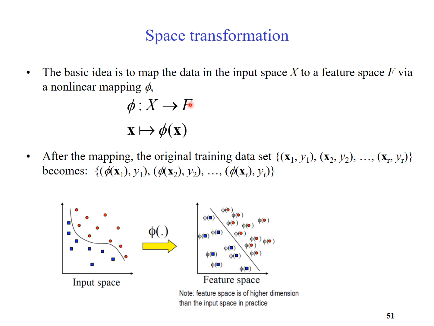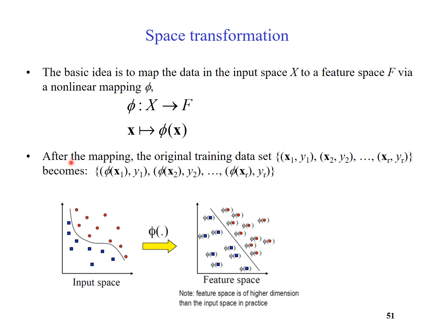Then we have a mapping from input space to feature space. The original data X is transformed to other data using this mapping pi. Expanding the dimension means we have a mapping from the input dimension to a higher dimension. Let's say that mapping is pi.